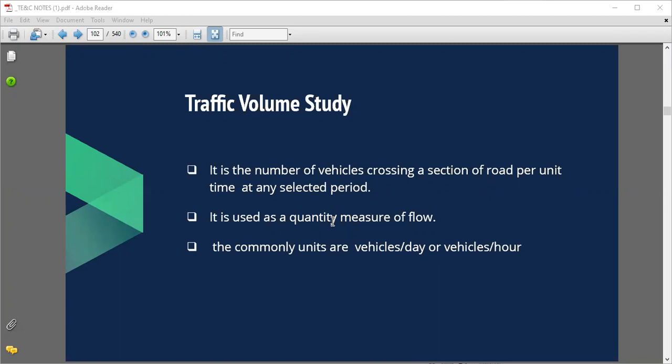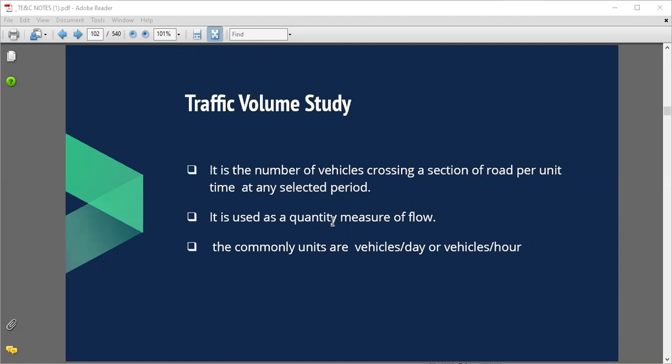If you have decided to go for a selected area in the Pandharpur region only, and you go for the traffic volume measurement within a day, and you have collected the number of vehicles entering and exiting this area, equal to 1000 vehicles, then the unit will be 1000 vehicles per day.